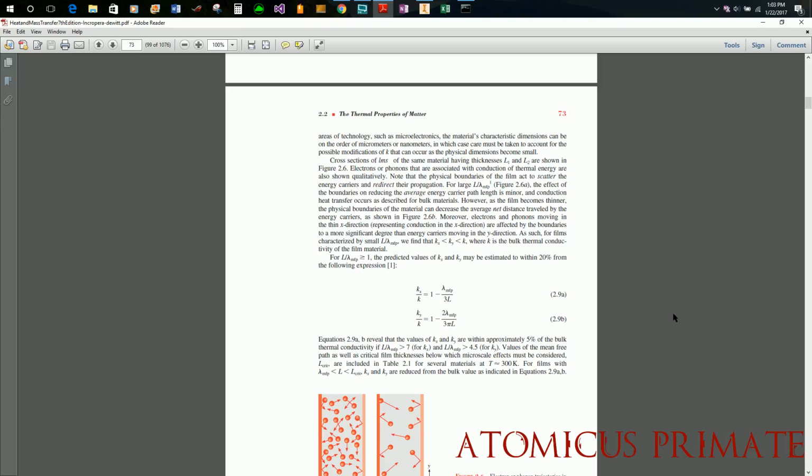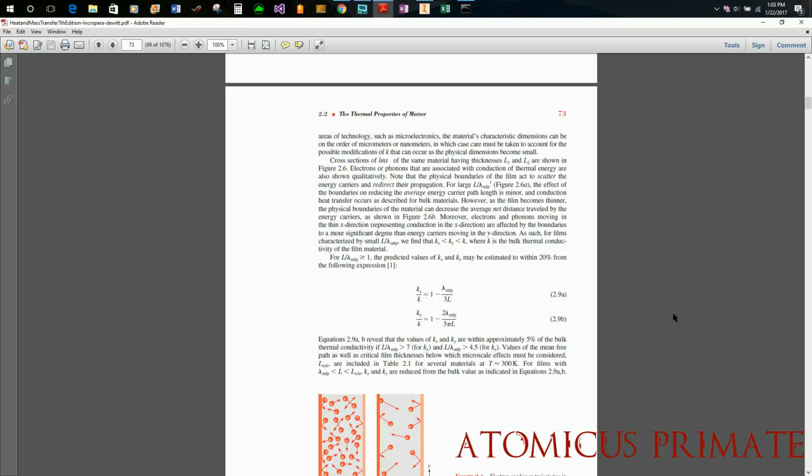For large L over lambda, the effect of the boundaries on reducing the average energy carrier path lengths is minor, and conduction heat transfer occurs as described for bulk materials. However, as the film becomes thinner, the physical boundaries of the material can decrease the average net distance traveled by the energy carriers, as shown in figure 2.6b.